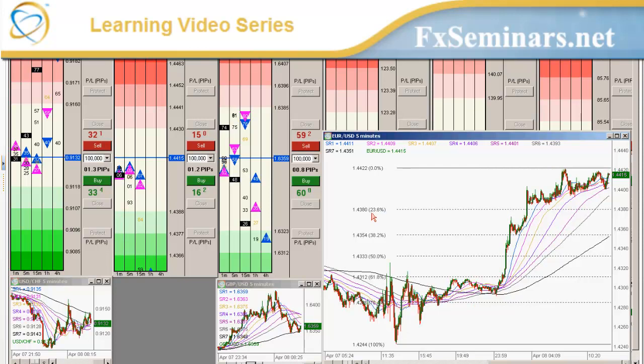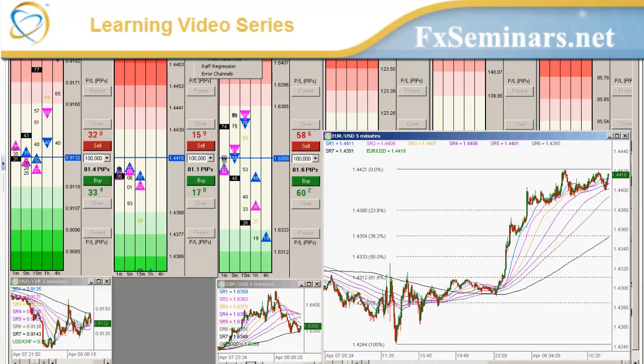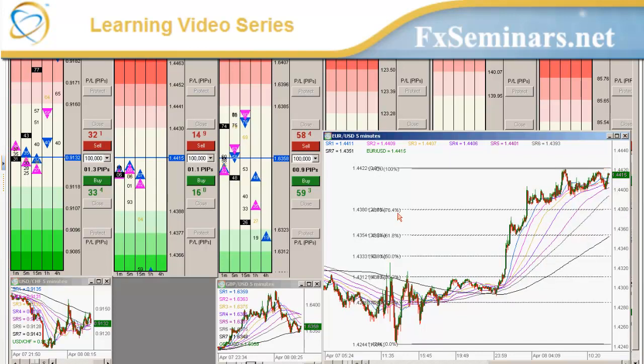Now you notice the first level that you should have on your chart, the first level that the price will test, should always be the 23.6. Now if I would have drawn from the low up to the high, so exact opposite, you're going to notice these levels are exactly the same, but now it shows that the 76.4% retracement is going to be the first price tested if the market does come down.